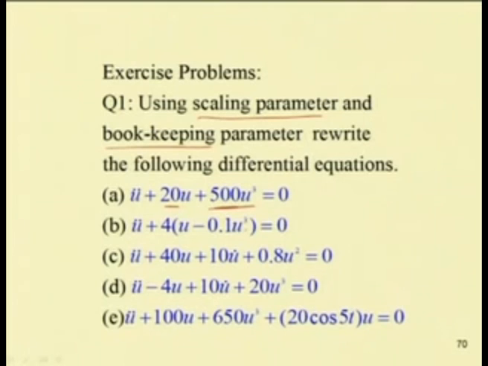Similarly, this is also a free vibration Duffing type. Here you have a hard spring, here you have a soft spring. In this case damping is added to the system and you have a quadratic nonlinear term, and in this case the stiffness parameter is negative, and this case is for a parametrically excited system, as this periodic term is a function of u. So, in all these cases, using scaling parameter and bookkeeping parameter, you rewrite these equations.